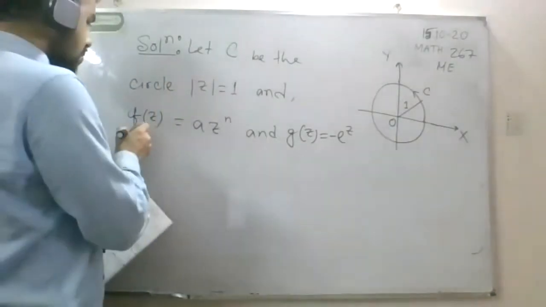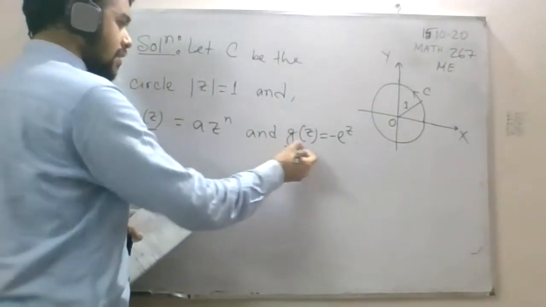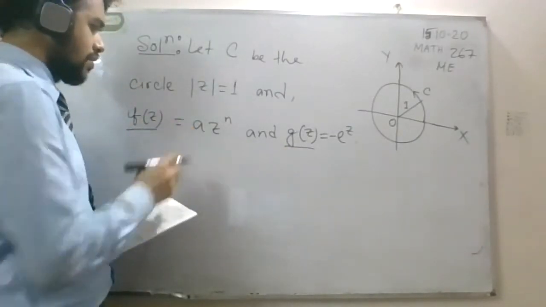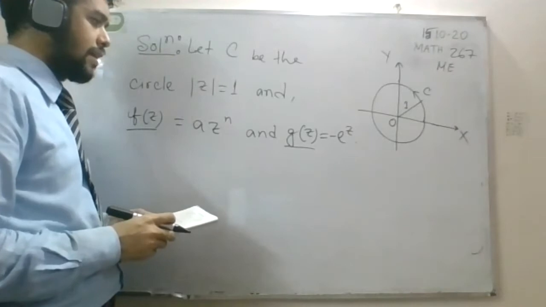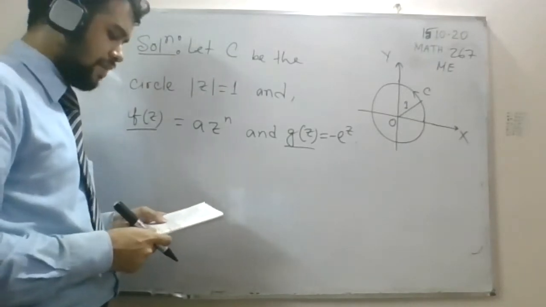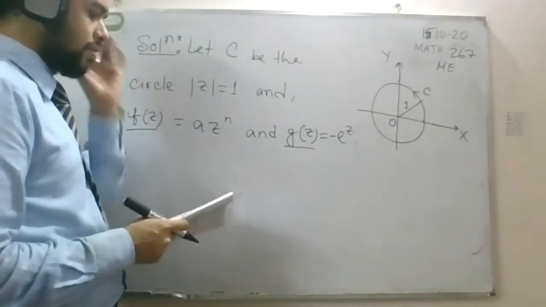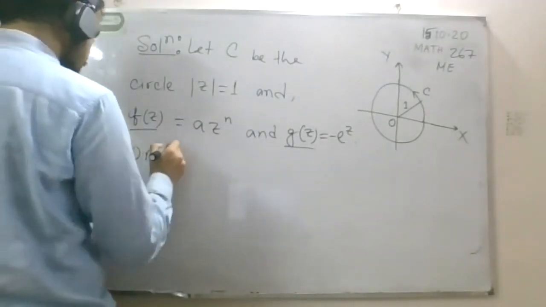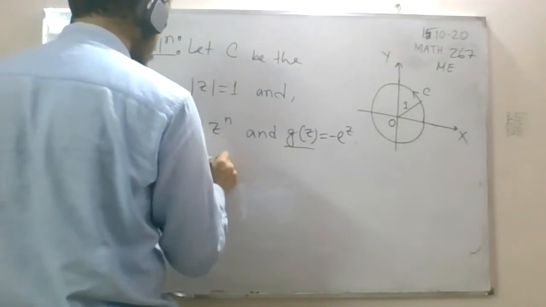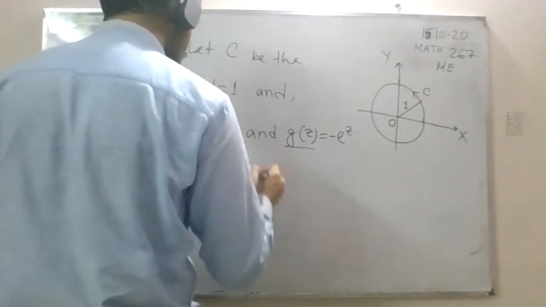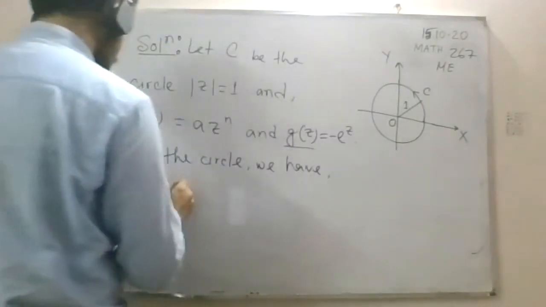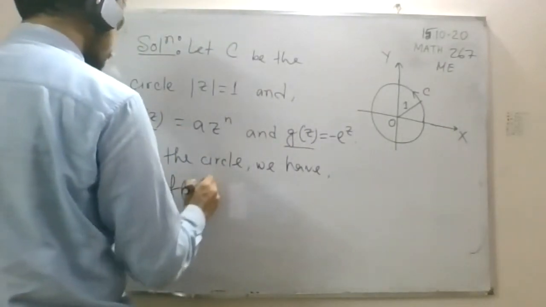So, we have to let two functions f of z and g of z, where f of z equals a z to the power n, and also g of z equals minus e to the power z. Now, on the circuit, we have modulus of f of z.